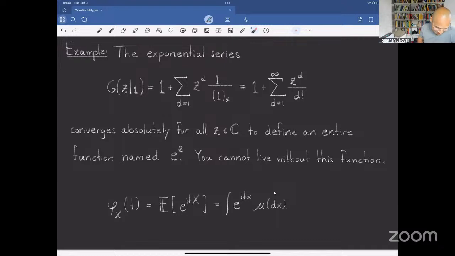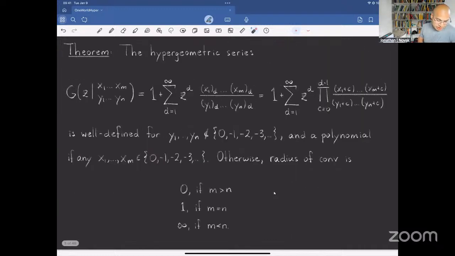Okay, so the basic message is that hypergeometric functions are hypergeometric series which do converge in an open neighborhood of z equals 0. And there's a kind of a rule of three here, which is very simple and easy to state.